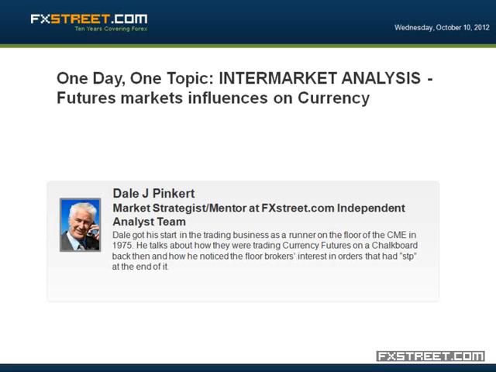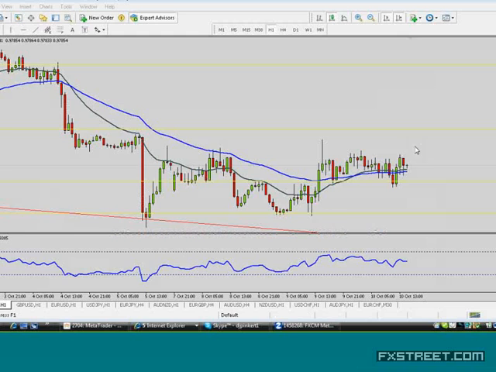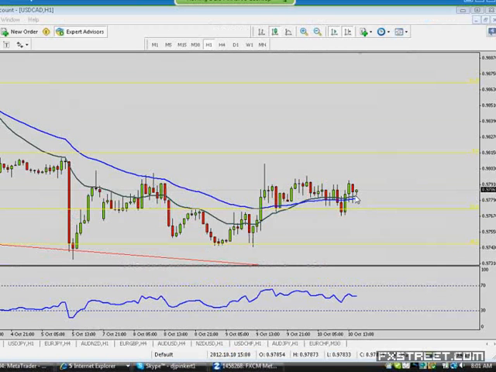The topic of this seminar is how futures markets affect currency trading. One advantage of following currencies in futures is that, because of regulations, people have to report their positions.